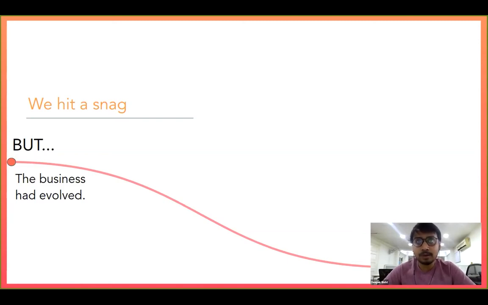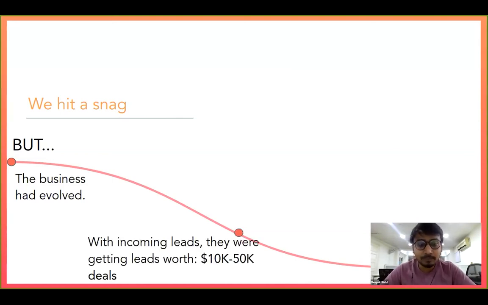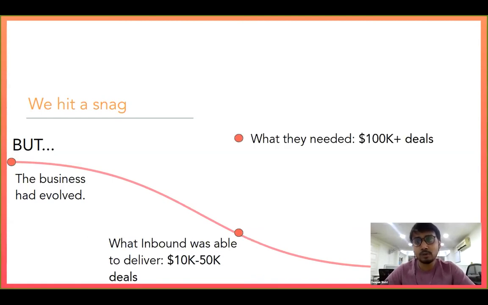A huge change needed to happen in the marketing strategy as well. The leads coming from inbound were giving them $10,000 to $50,000 deals, but they wanted to play in the $100,000-plus market. They wanted multi-year deals. $100,000 was the minimum, and anything more than that is what they were looking for.